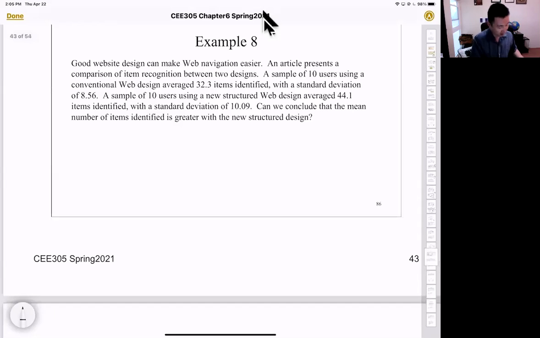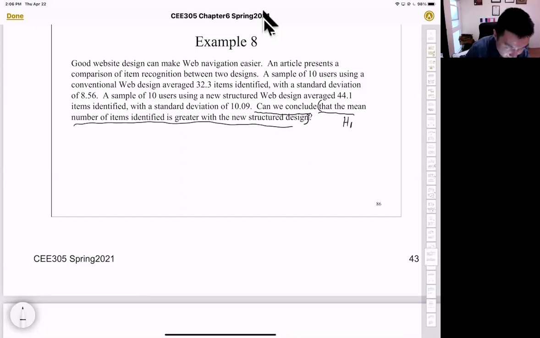All right, let's work on example number 8 together. Again, from here, can we conclude that we know this is a chapter 6 question, hypothesis test, and whatever comes after conclude will be H1. We mentioned this many times.